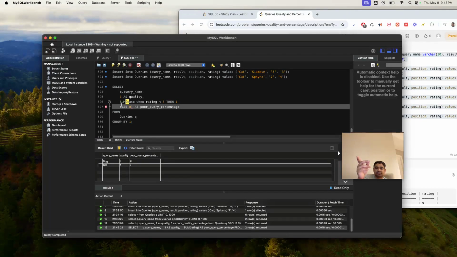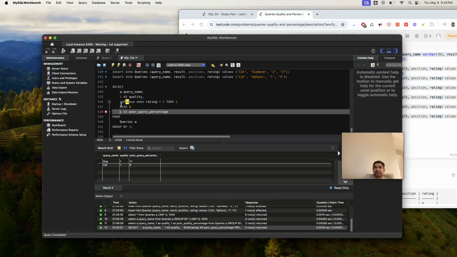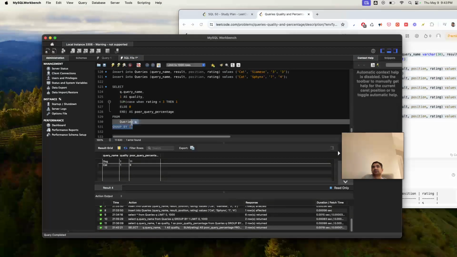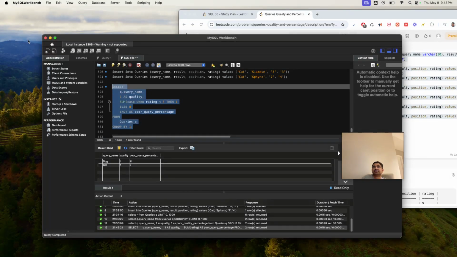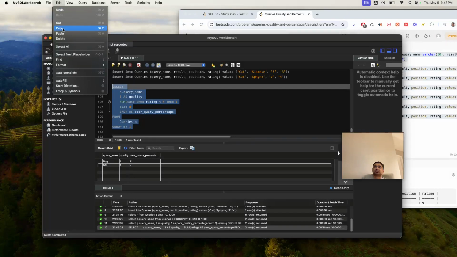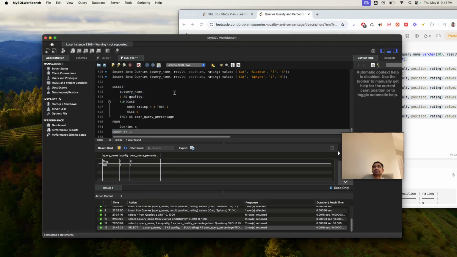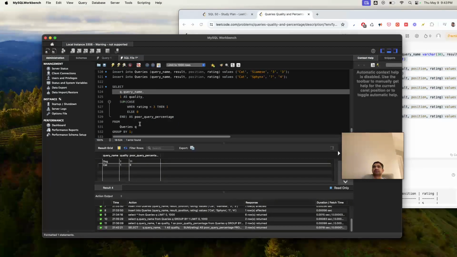And then in a case scenario you need to use int. Okay, let me beautify this one so we can have a better look at the query. So here is the thing. Sum case when rating is less than 3, then 1, else 0, that's it.